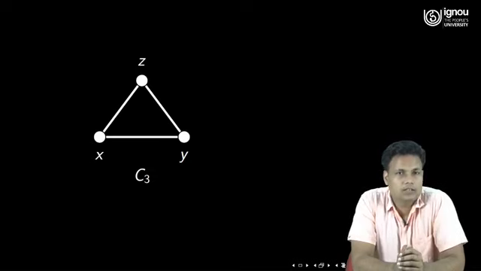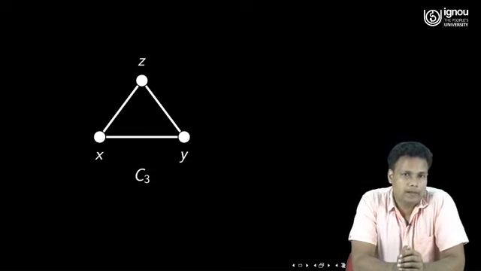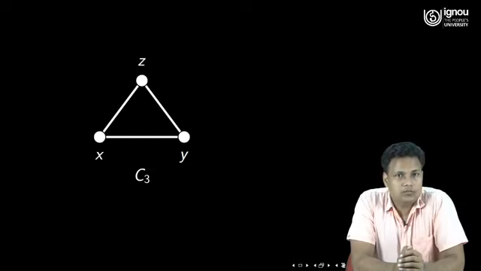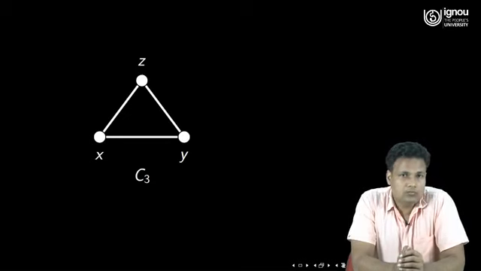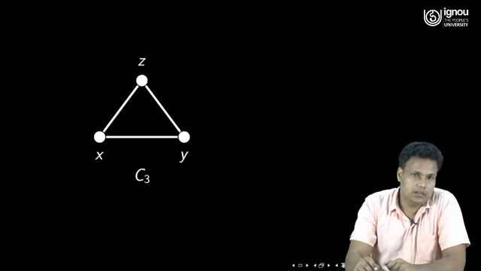They must lie in a different partite set, but they also cannot lie in the same partite set because they are adjacent as well. So this graph cannot be partitioned into two partite sets, and this is not a bipartite graph. You can see that this is a cycle C3, an odd cycle.